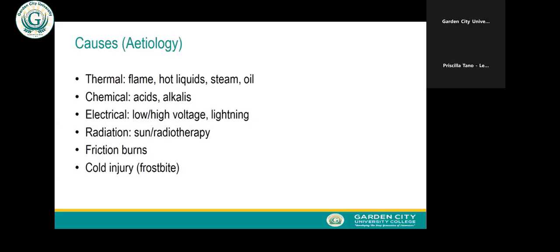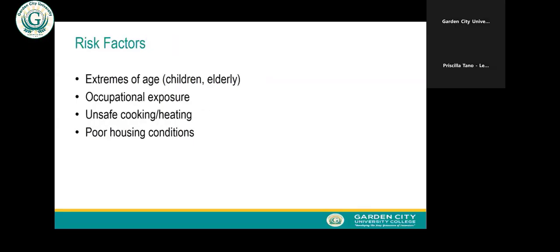And then we have cold injury: ice formation, tissue freezing, frostbite, vasospasm. I haven't nursed cold injury burns. Maybe in developed countries they would experience that.